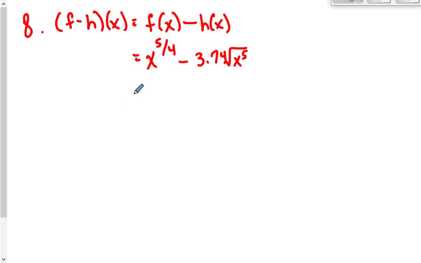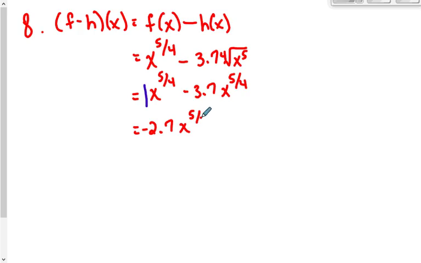Yep. So I have x to the 5 over 4 minus 3.7 x to the exponent is 5, it goes on the top, the radical is 4, it goes on the bottom. So now with an understood 1 in front, 1 minus 3.7 is negative 2.7 x to the 5 over 4. And that's my function, f minus h of x.